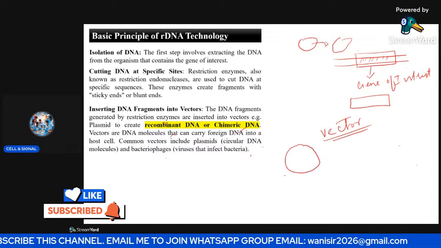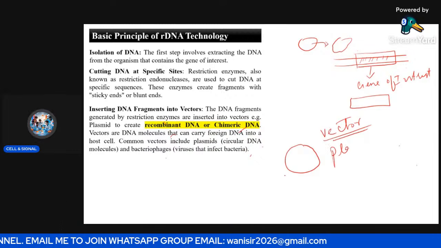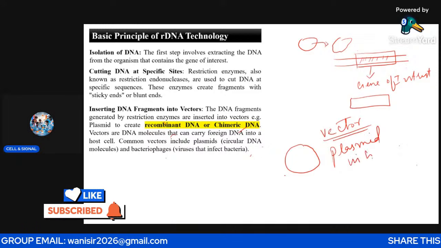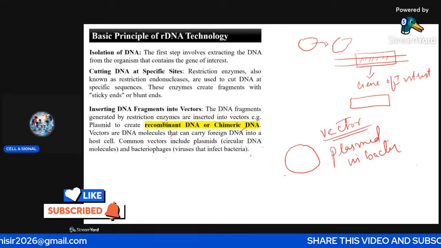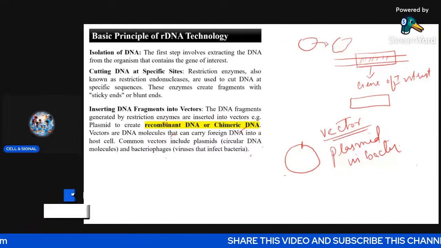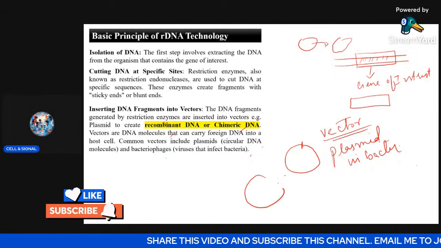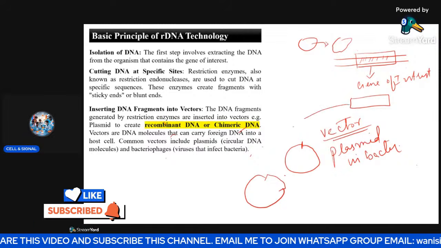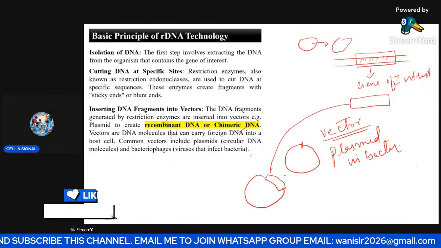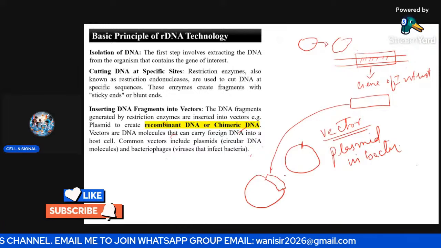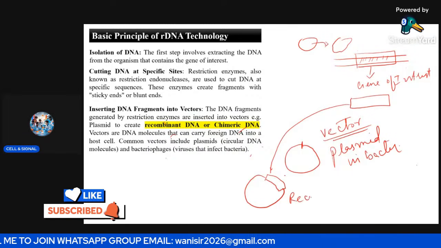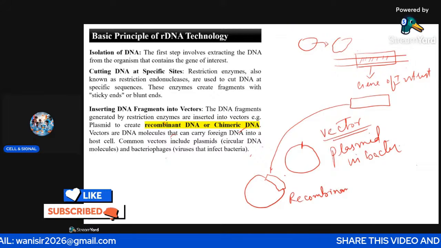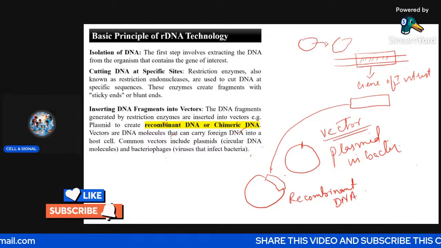This vector is naturally a plasmid in bacteria, and restriction enzymes can cut this vector, and if this vector is cut, we can insert this gene of interest here, and this is now called recombinant DNA, or the second name is chimeric DNA.